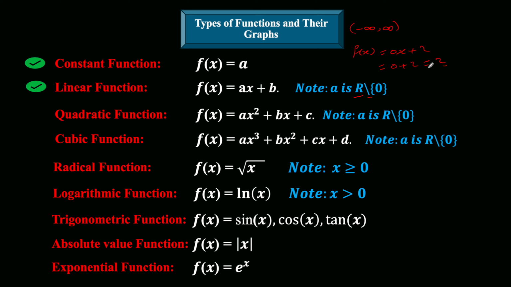So this is a constant function. That's why a has to be a real number, but except 0, okay?